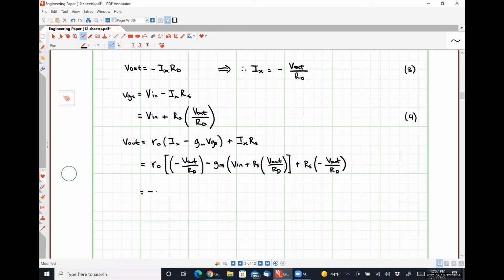So this is going to look like negative R naught times V out over RD, minus GM R naught times Vn, minus GM R naught times RS multiplied by V out over RD, minus an RS times V out over RD.